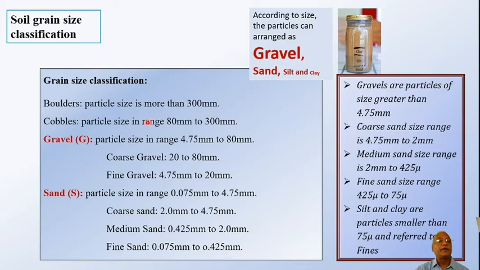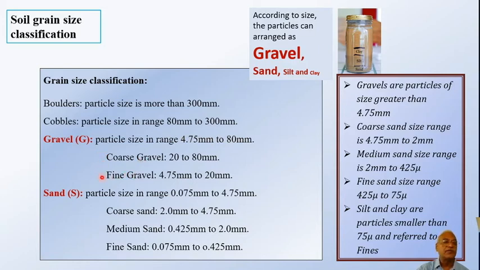Okay, on grain size classification we have seen that boulders are particles more than 300 mm, cobbles are 80 to 300, and gravel is 4.75 mm to 80 mm. Now there is too much of a range, so we have two parts: the gravel which is finer and the gravel which is coarser.